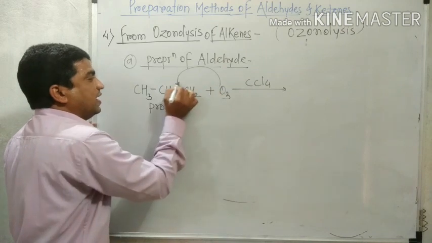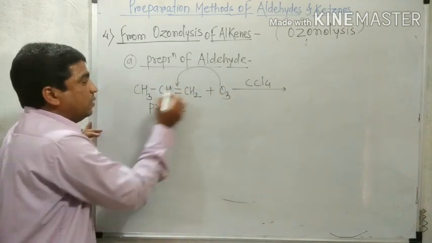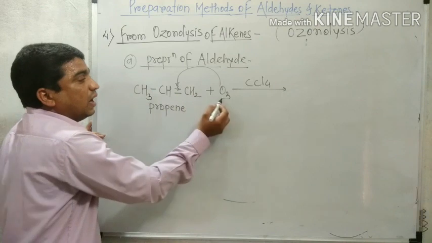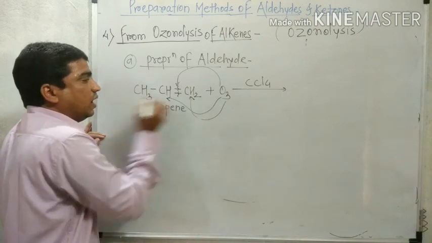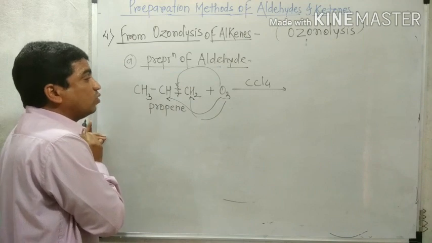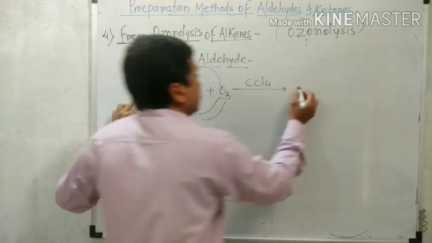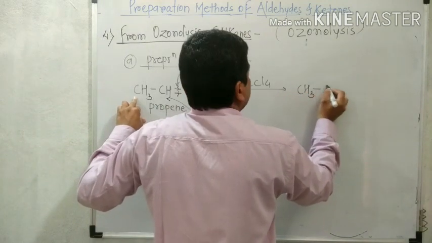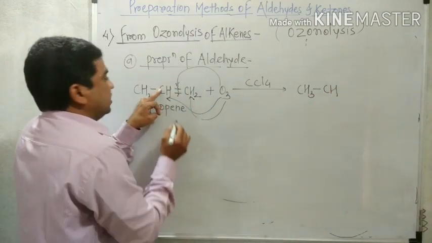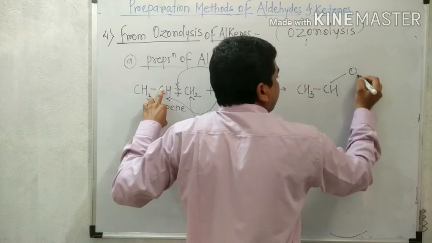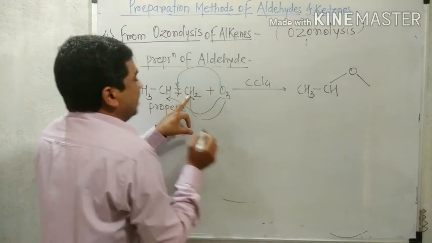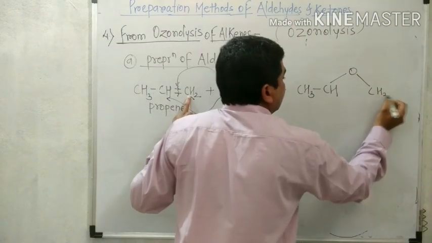So that propene, when reacted with ozone in the same condition as the general reaction, in CCl4, one oxygen atom gets added in between these two double bonded carbons, and one bond undergoes breaking. Again of the remaining two, one adds to this carbon, another to this carbon. So the remaining single bond also undergoes breaking. What remains? CH3, CH, that carbon linked with this oxygen like this, and that oxygen again linked with this CH2.